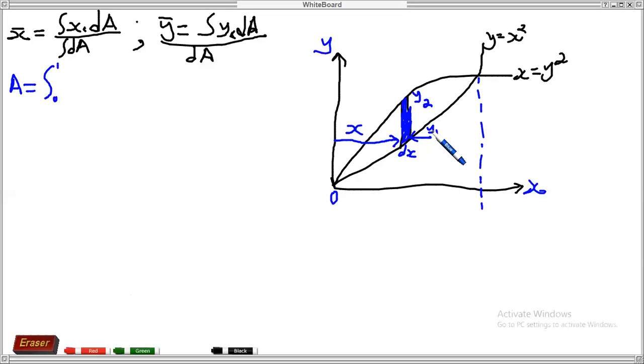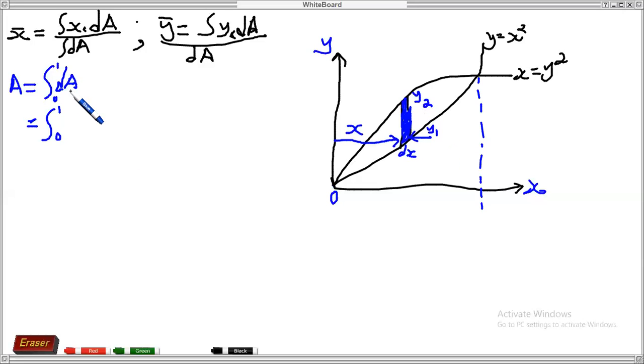So it's this whole thing. Okay. So the area for this thing is your A, from 0 to 1, you're integrating A from y1 to y2.